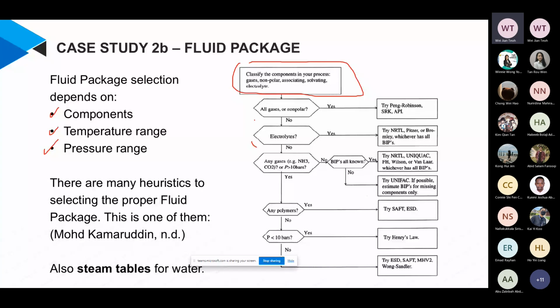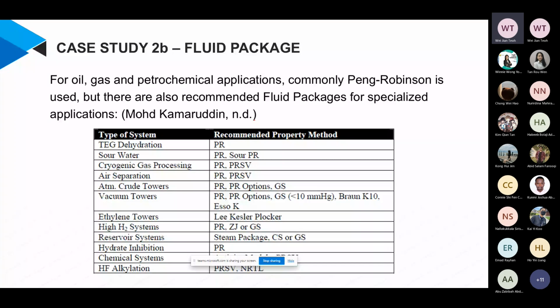And there are also some choices that are for specialized applications like gas dehydration, sour water stripping, which is a refinery process, sour gas, cryogenic gas processing, maybe air separation, atmospheric crude distillation tower, ethylene tower, high hydrogen, and so on and so forth.